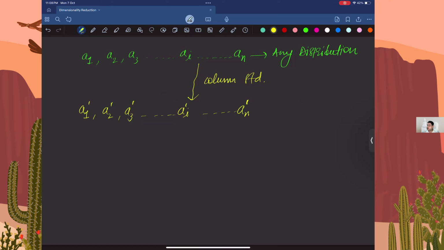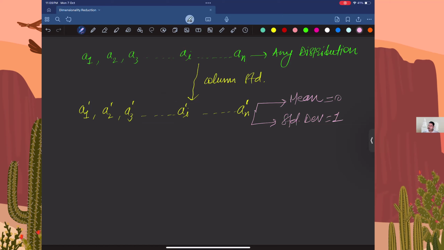Such that the mean of this is equal to 0 and the standard deviation is equal to 1. Fine.